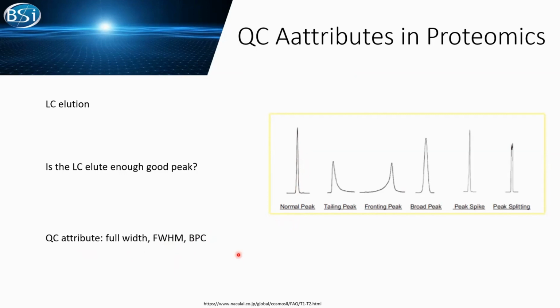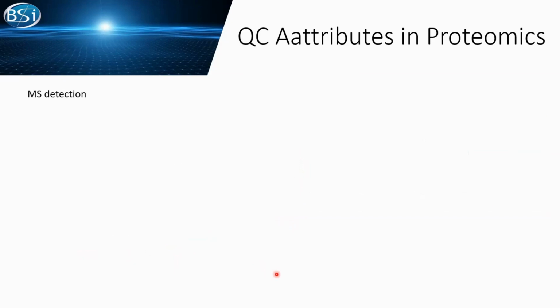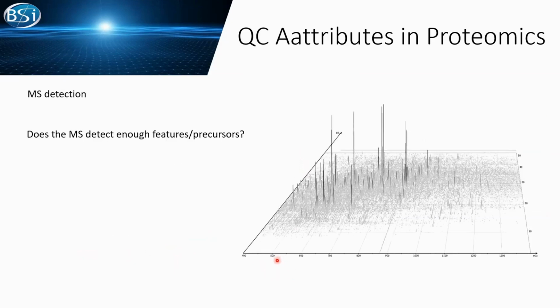Once the peptides got separated by LC, they get into the mass spec, and we also need to check the mass spec QC attributes. For mass spec detection, we collect a lot of data. Here we're showing you a 3D shape. In this very rich data, we want to answer the question: does the mass spec detect enough features? Or in short, is my data good?